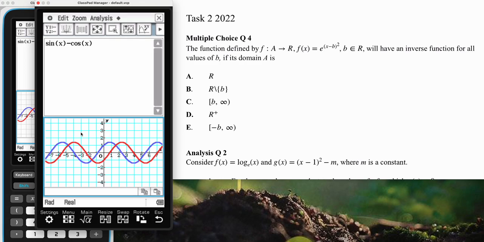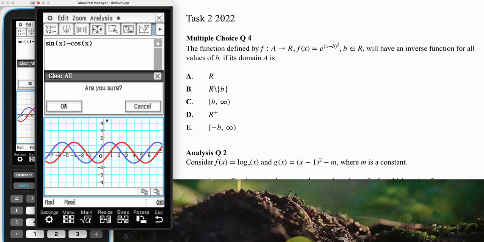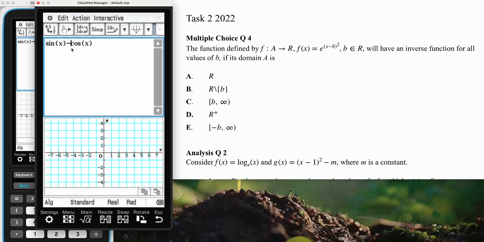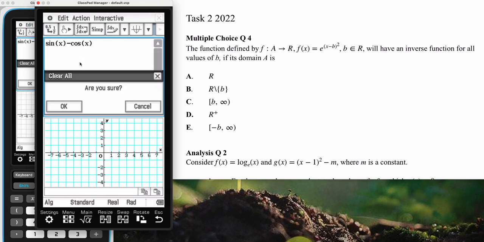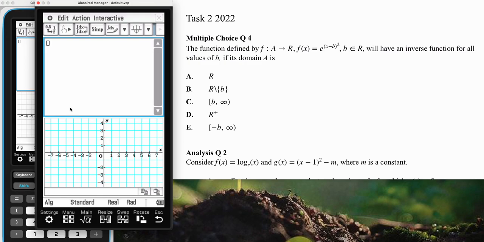Task 2. And we're doing multiple choice question 4. So I'm just going to clear this. And you should practice with me in defining this function.